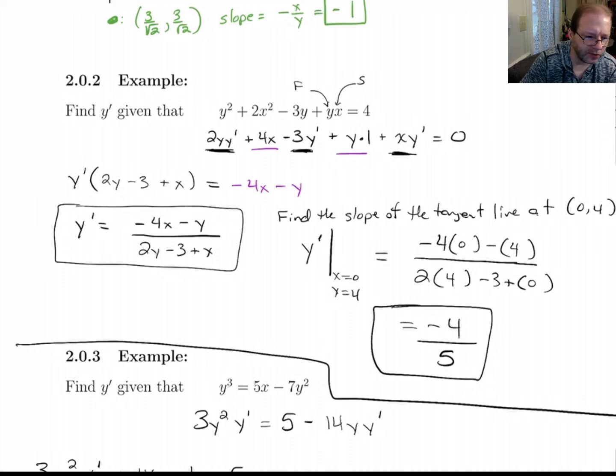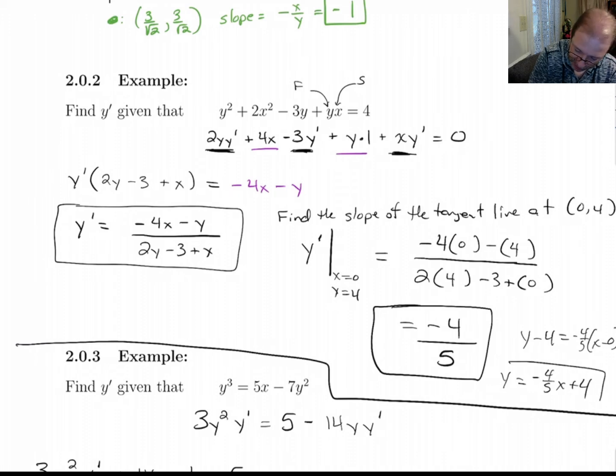So tell you what, let's find the equation of that line too. It should be fairly easy since the x coordinate is 0. So y minus 4 equals -4/5 times x minus 0. y equals -4/5 x plus 4.